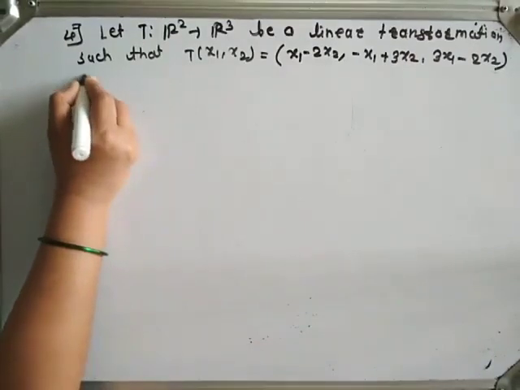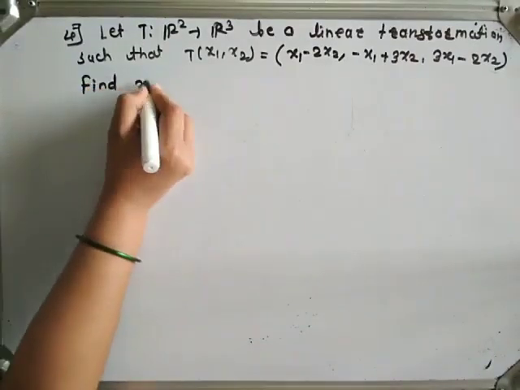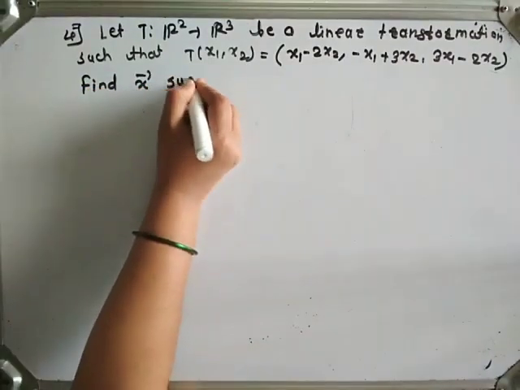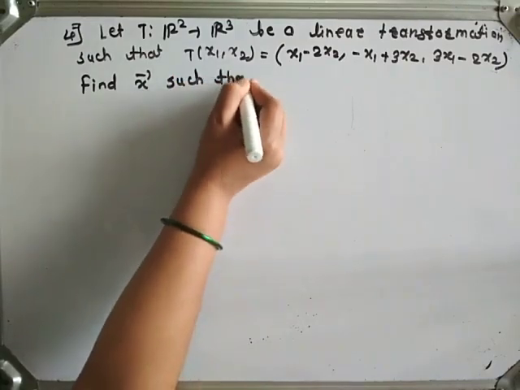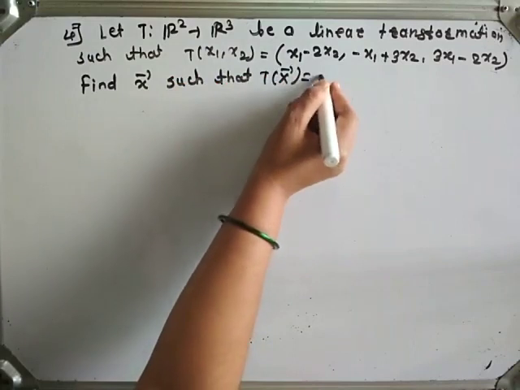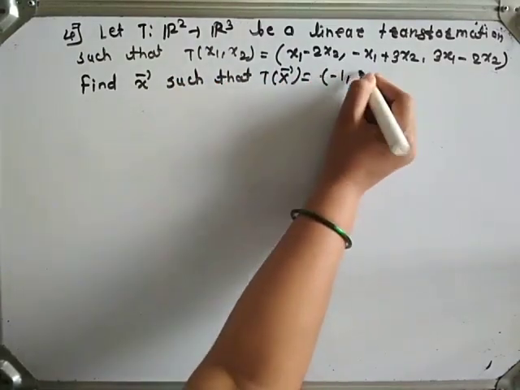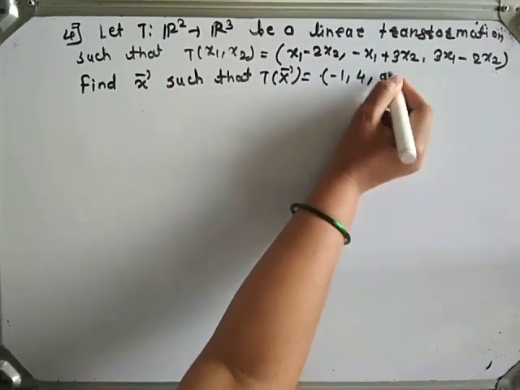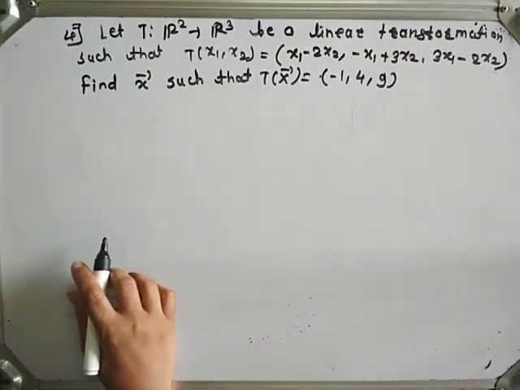Okay, find x bar such that T of x bar is equals to minus 1 comma 4 comma 9. Okay.